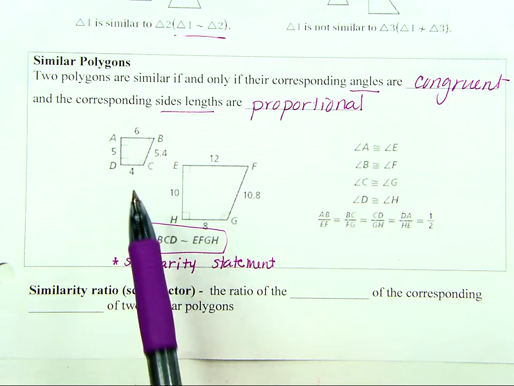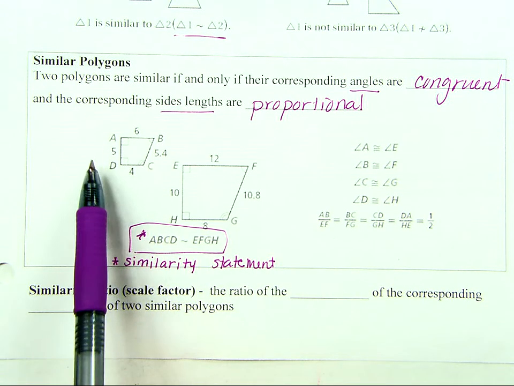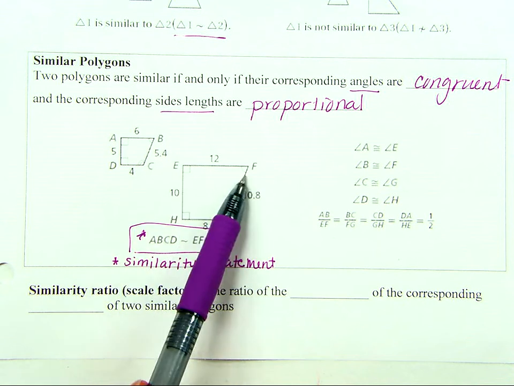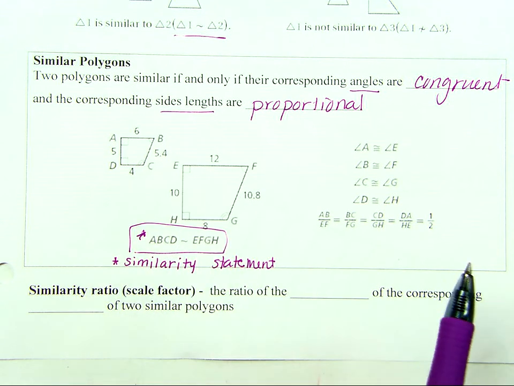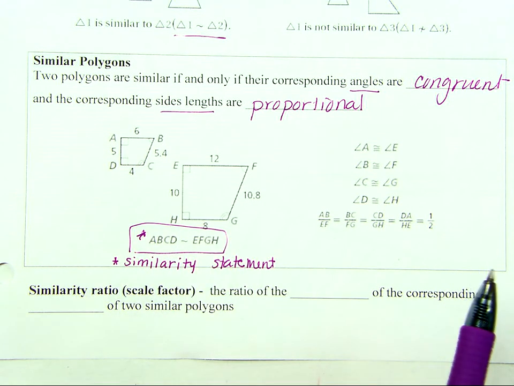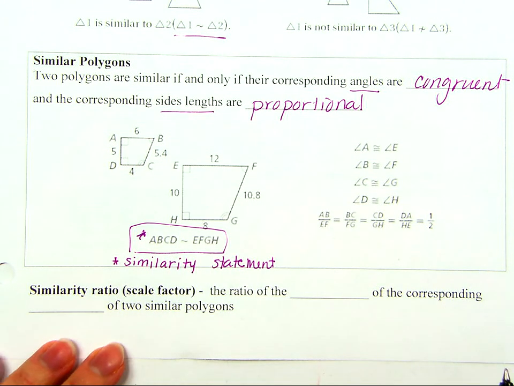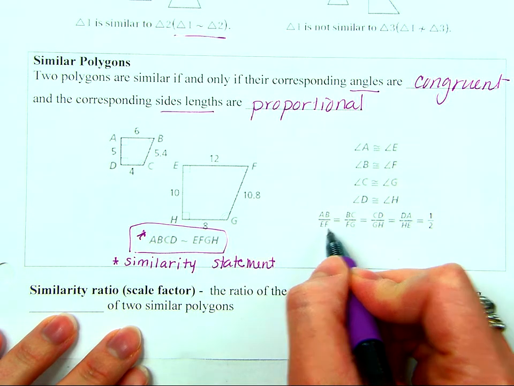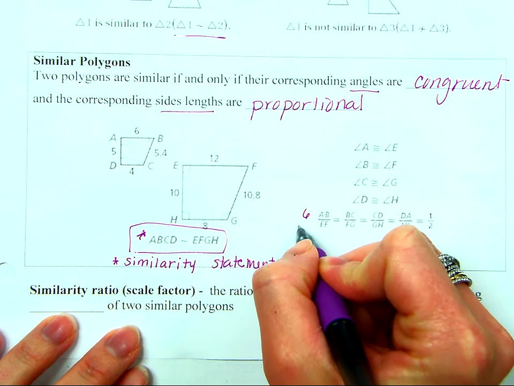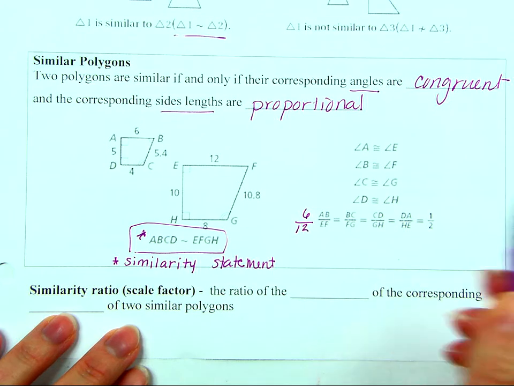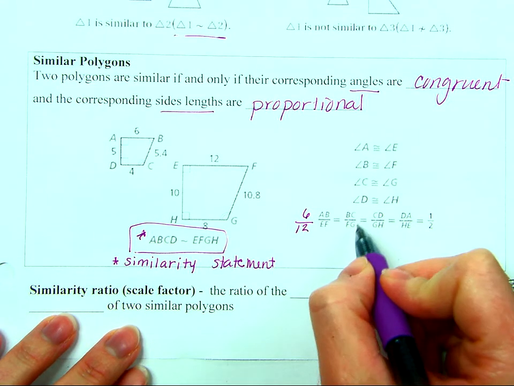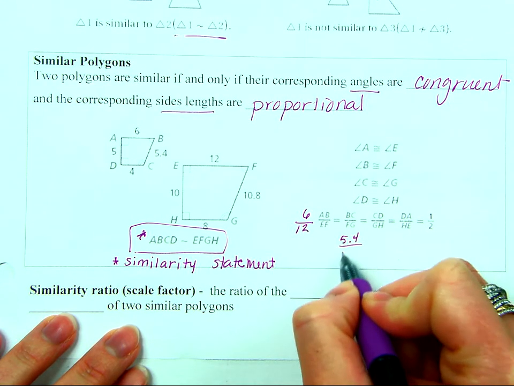Now here I can see that my angles are congruent. Angle A is congruent to E, B is congruent to F, and so on. And when I check the corresponding sides, A to B and E to F, well, A to B is 6 and E to F is 12. And then I check B to C, 5.4 over 10.8.